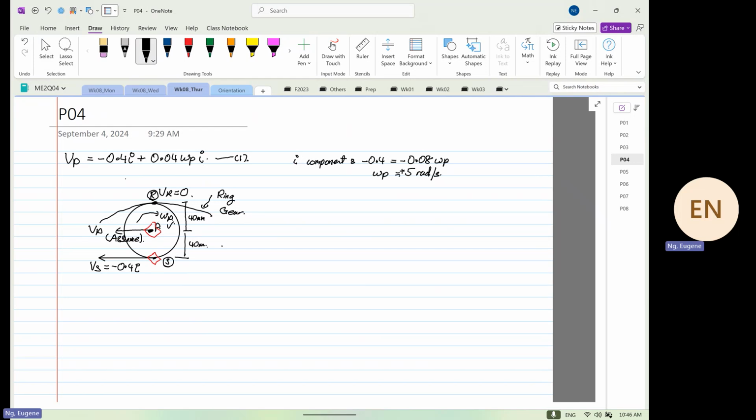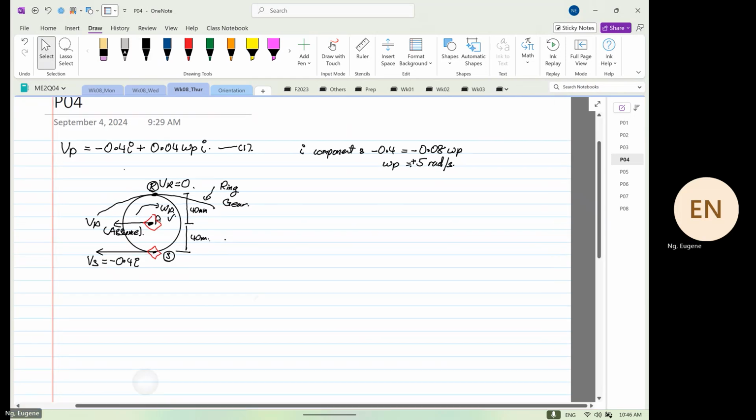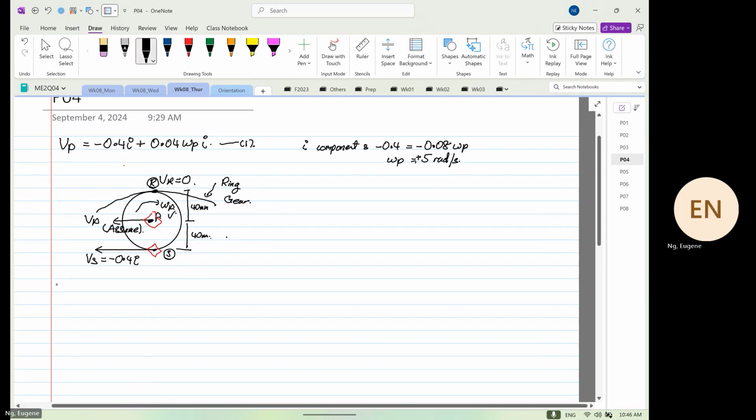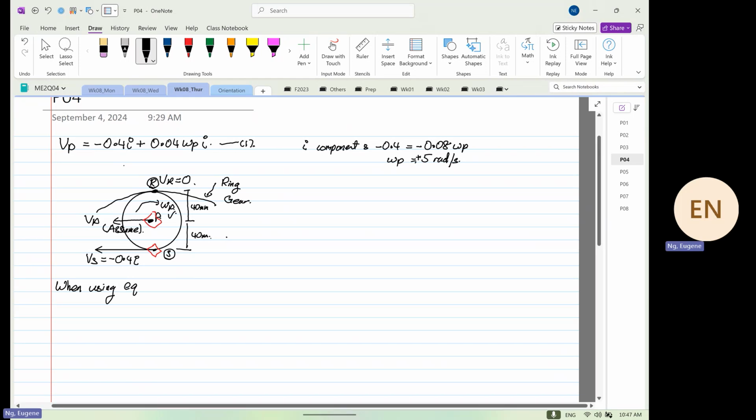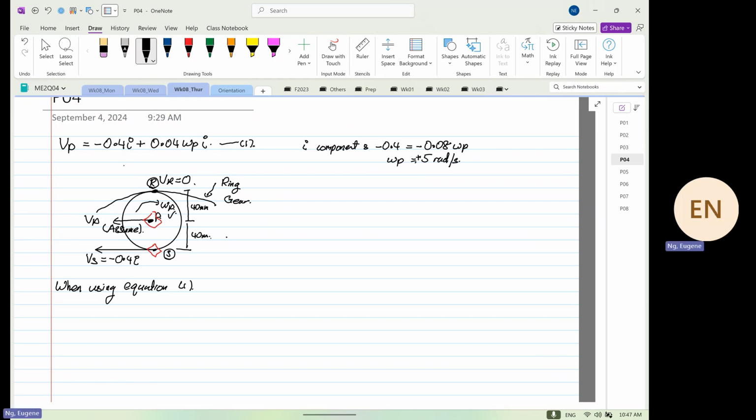So when using equation 1, did I write equation 1 properly? Yeah. So when we adopt equation 1, we write what?